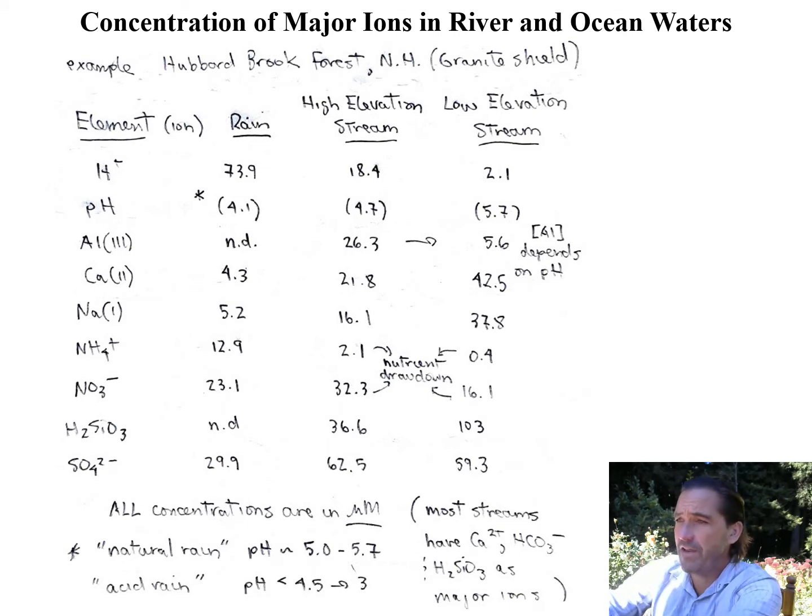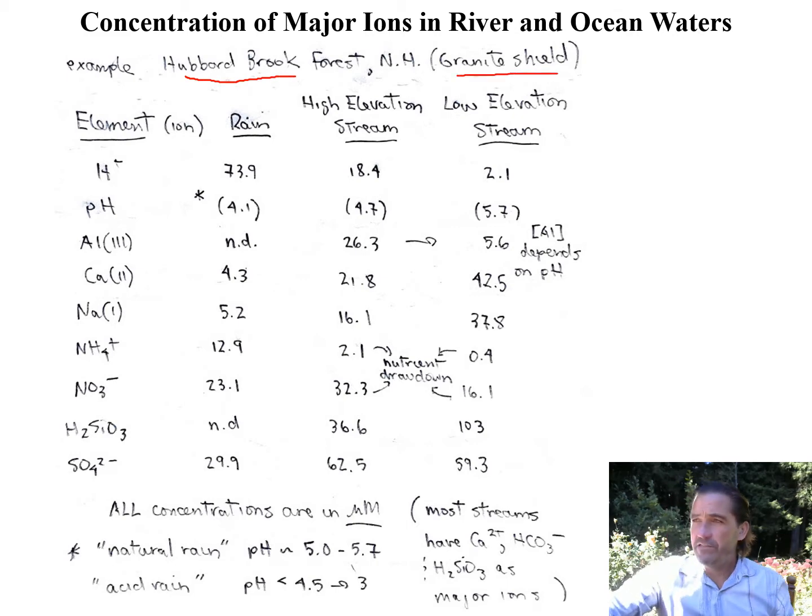And so in this example, we're going to look at one creek that's up in New Hampshire. It's the Hubbard Brook. And so the geology there is granite shield, very, very old and weathered environment.